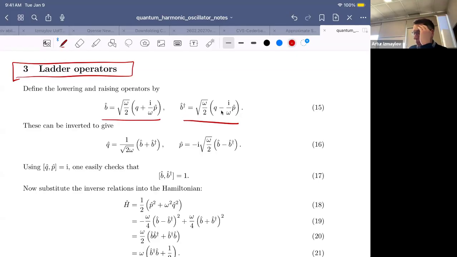Let's for a moment not worry about how they look, but the simple algebraic idea is the following. Imagine we have a Hamiltonian, right? We're interested in solving for the Hamiltonian. In quantum mechanics, what makes things simple? If we have a symmetry operator, which commutes with the Hamiltonian.